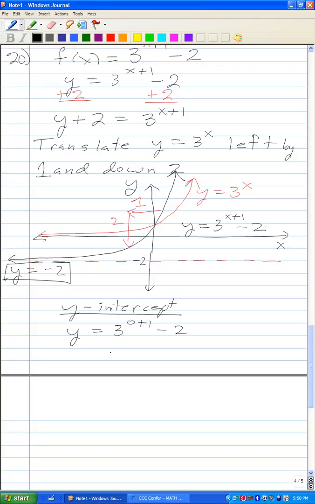And so we have here 3 to the 1 minus 2, but 3 to the 1 is just 3, minus 2 is 1. So no wonder it looked like it went through that point, because it actually does. And so the y-intercept is actually the point (0, 1). It's actually the same point.